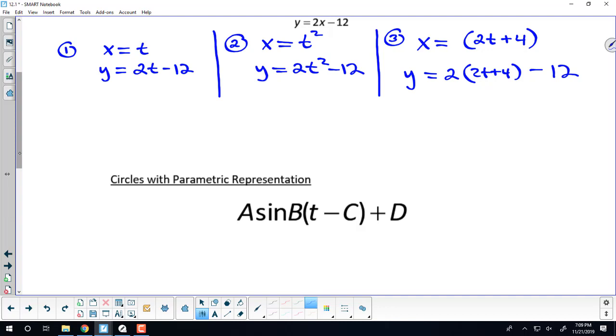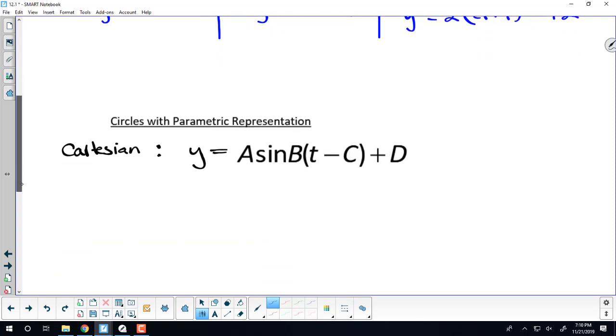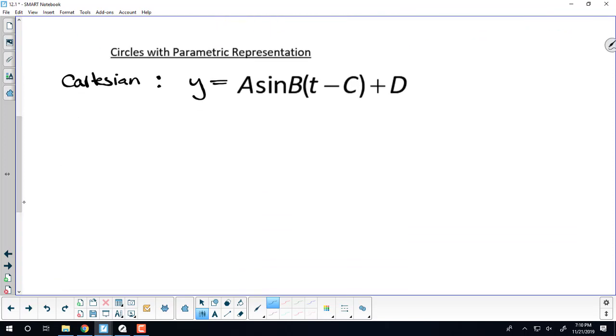So, circles with a parametric representation. This is our Cartesian situation. You might remember, or you might not, that the various A, B, C's, and D's do different things to the graph of either sine or cosine.